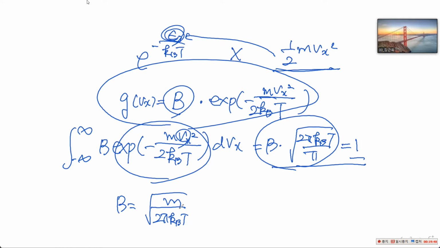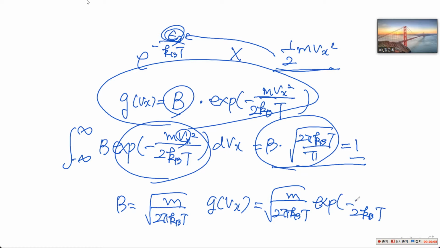So finally the 1D Boltzmann distribution is given by the square root of m over 2 pi kBT times exponential minus mvx squared over 2 kBT. Okay, it is the 1D version.